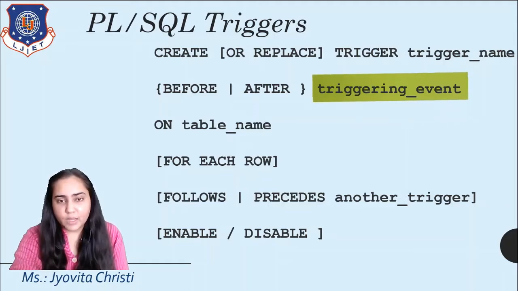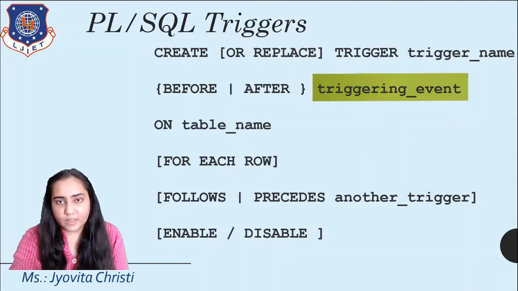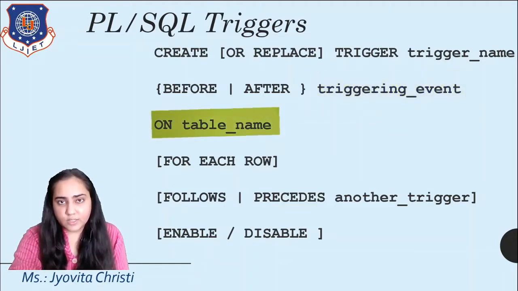For example, if somebody does an insert into some table and you want a triggering event to occur when this insertion takes place, then insert would be a triggering event. And so you can specify whether you want your trigger to happen before this event or after this event. The next part is on table.